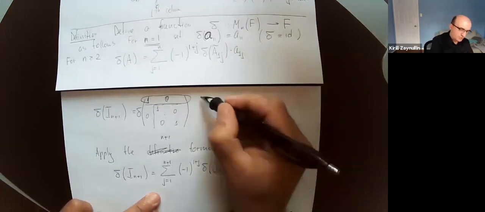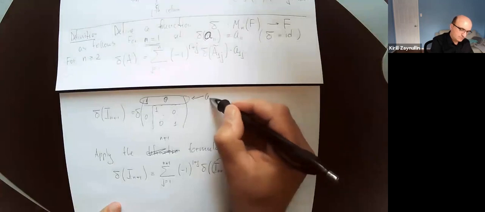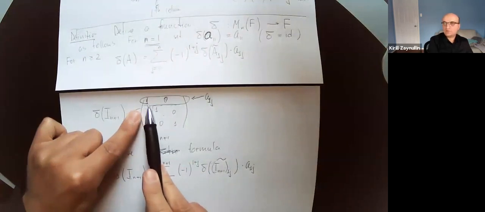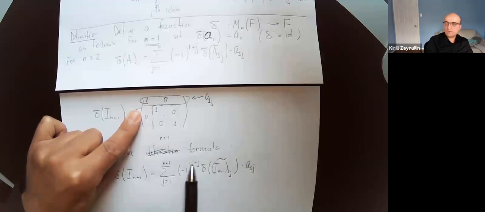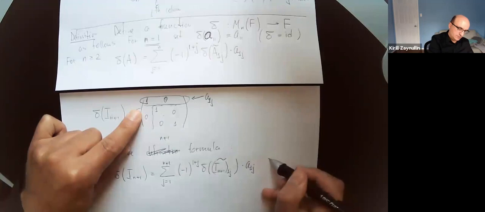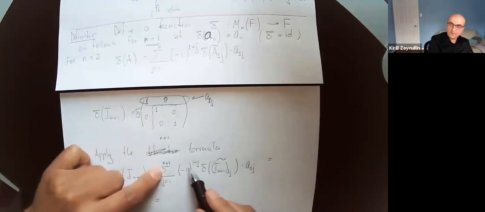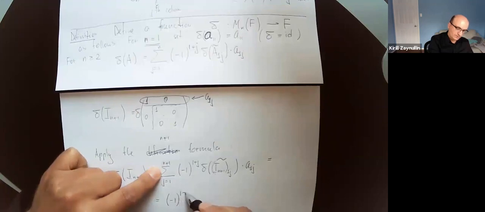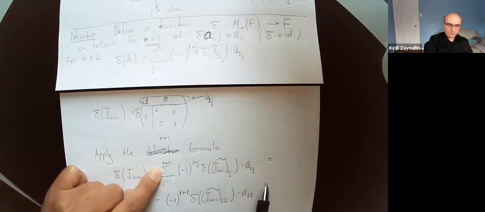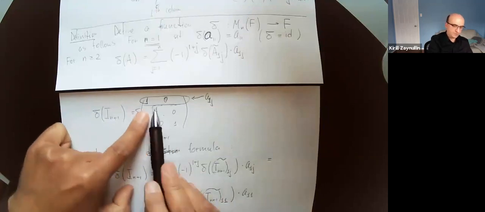Now, what are the a_1j's? They are the elements right here, and all of them, except the very first one, are zeros. So in this sum, the only summand which will survive, which will be non-zero, is the very first one, corresponding to a_11. So it's (-1)^(1+1) times delta of the tilde matrix I_{n+1} with row 1 and column 1 removed, times a_11. All other entries are just zeros.